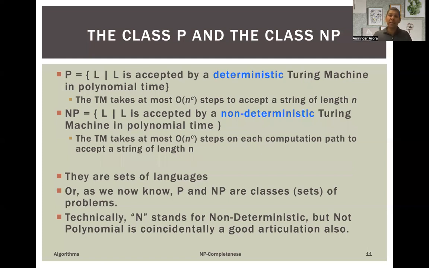Now they are defined as sets of languages, but as we know, these are also the classes of problems. Technically, the N stands for non-deterministic, but it turns out that "not polynomial" is coincidentally a good articulation also in this case. So sometimes people will say P is polynomial and NP is not polynomial. It's not strictly true, but in this case, it does turn out to be coincidentally a good articulation.